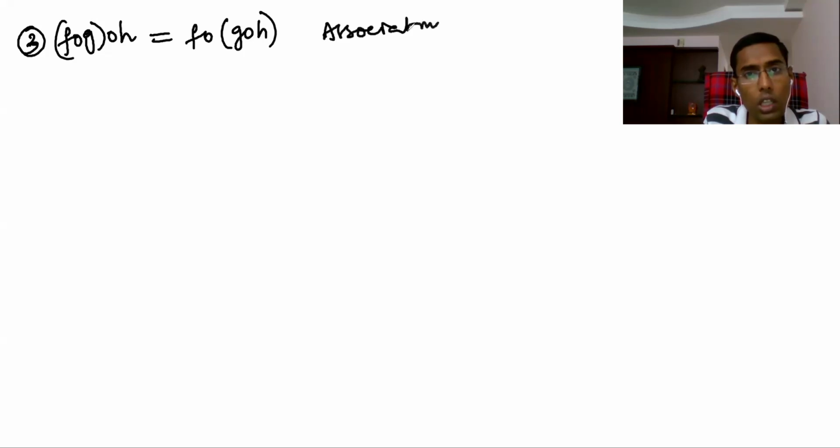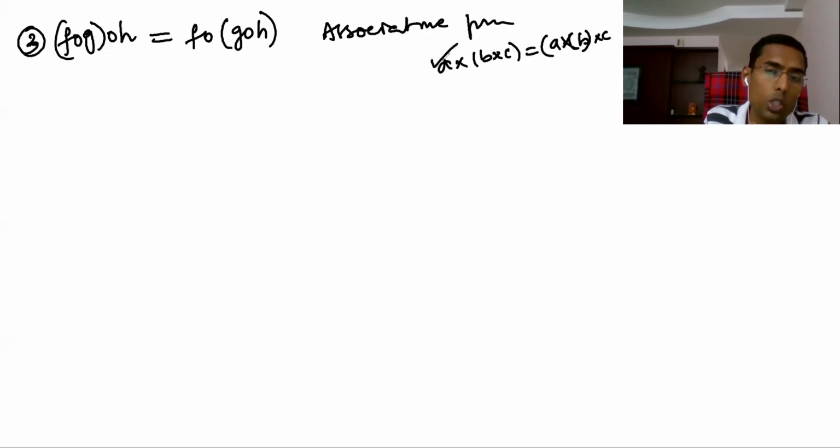Compose means combine. Here the associative property exists because the order I did not change. f, g, h here also f, g, h. It's like A into B into C equal to A into B into C. The associative property is possible.